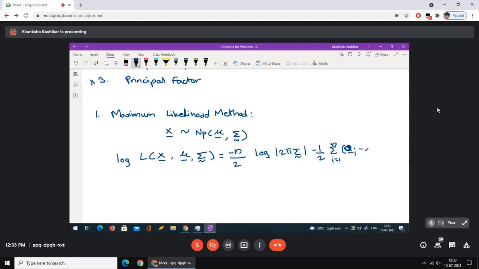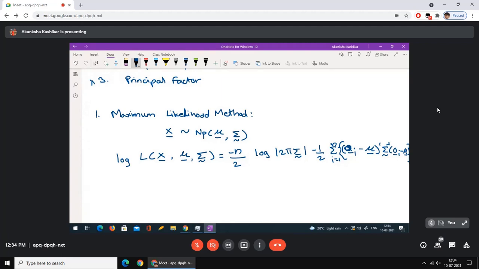So O_i minus mu, prime, sigma inverse, O_i minus mu. The sum is over this entire quadratic form. So this is my likelihood.